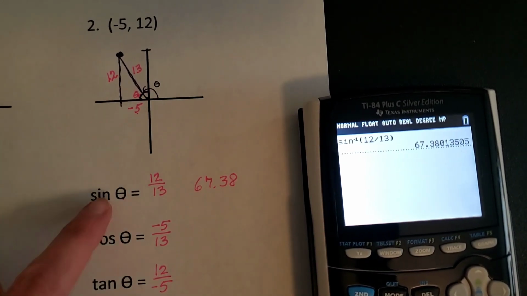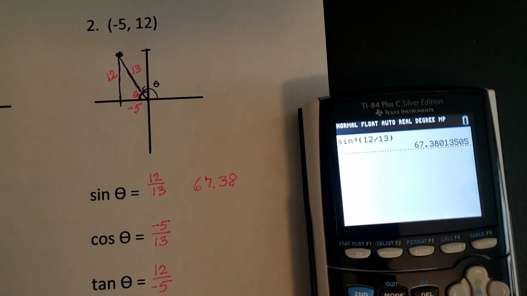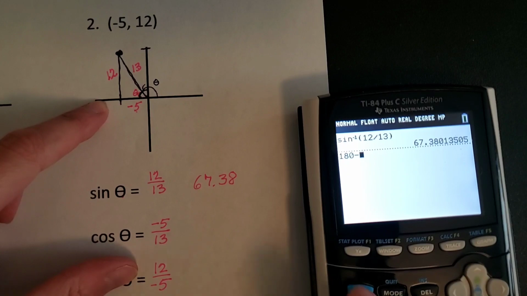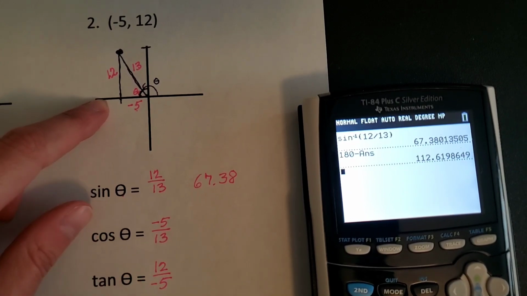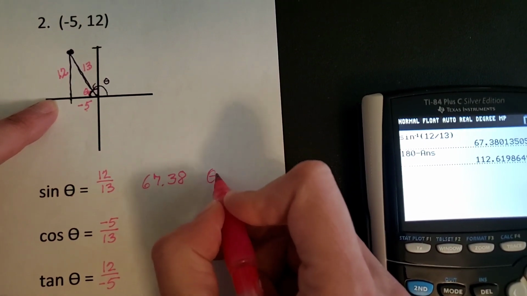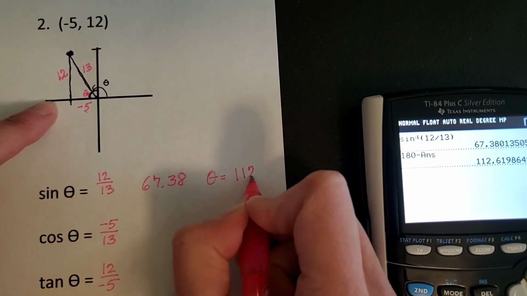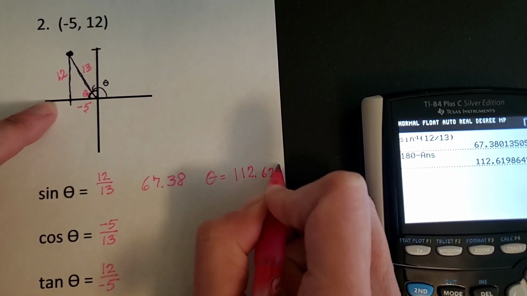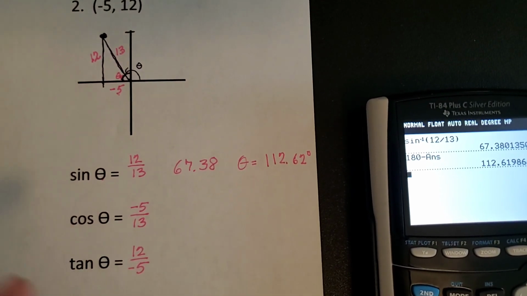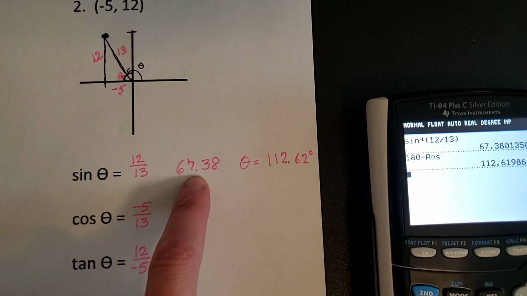So if you do the inverse sine to find it, you've got to take 180 degrees and subtract that angle, 67.38, to figure out that theta actually is 112.62. So there's a little work to be done because that's going to give you the reference angle.